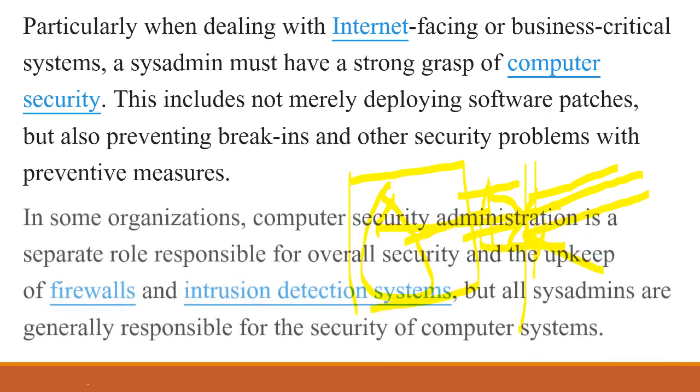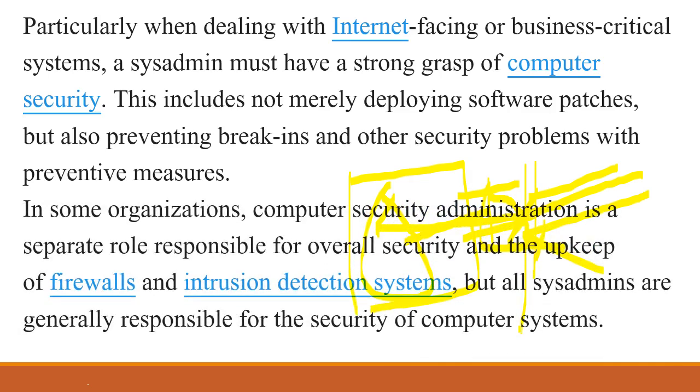What happens, guys, in some organizations, computer security administrator is a separate role responsible for overall security and upkeep of firewall and intrusion detection systems. But all system administrators are generally responsible for the security of computer systems. So the meaning is very simple, the same thing applies here. In big companies, they will keep a separate team for this, a network security administrator.